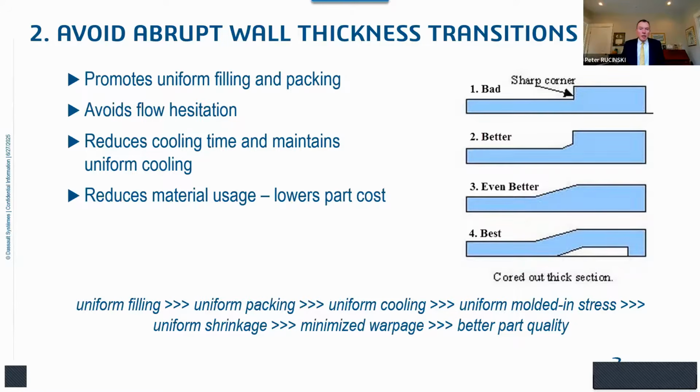So you can now understand why we often say, number one, if you did nothing else, just try to maintain uniform wall thickness of your part. Even if you don't get the gate location right, even if you're not doing the best things at the injection molding machine, uniform wall thickness will always give you the best chance of success at the molding machine.